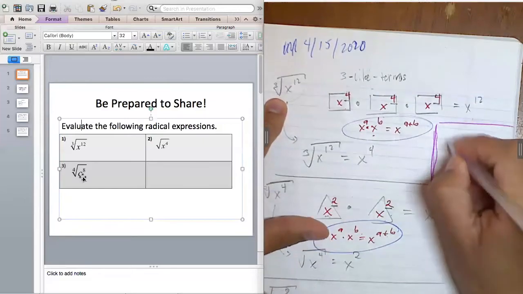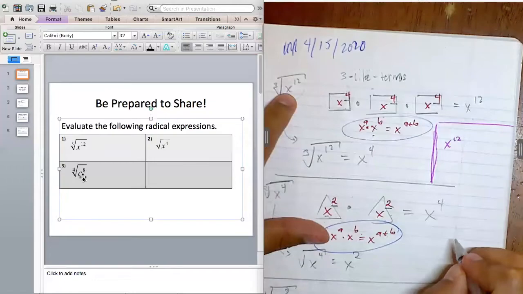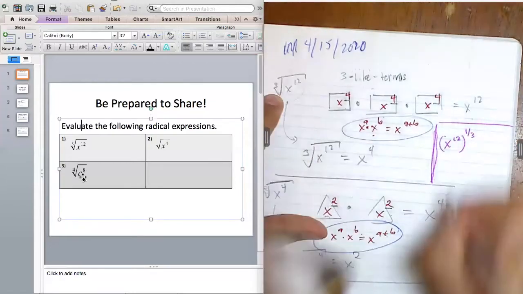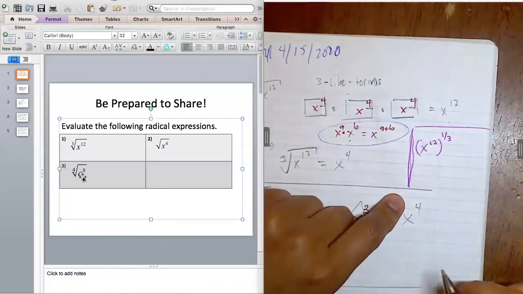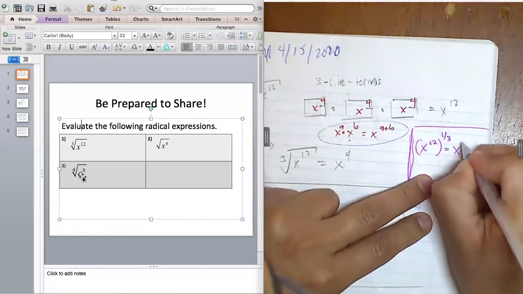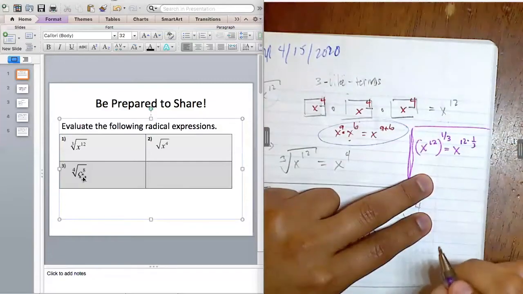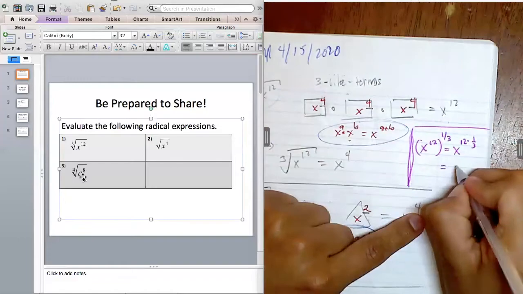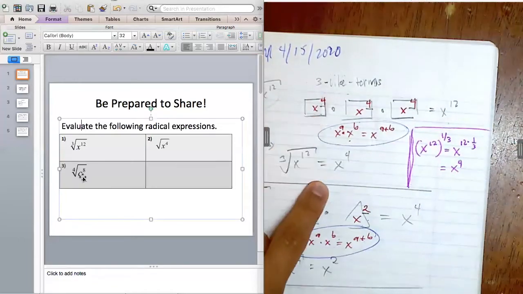I can rewrite this third root as x to the 12, all to the 1/3. So using my exponent rules, I can also say x to the 12 times 1/3. And then 12 times 1/3 is x to the 4th. So it gives us the same answer.